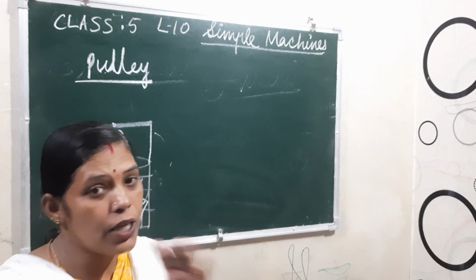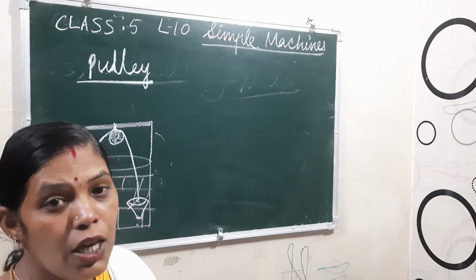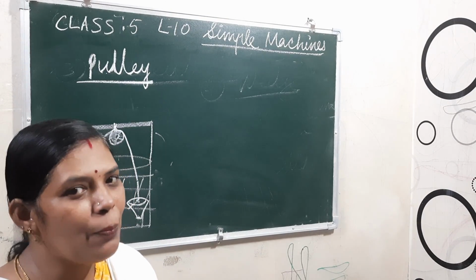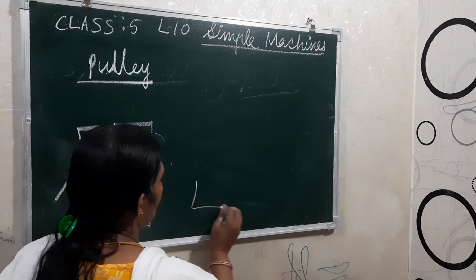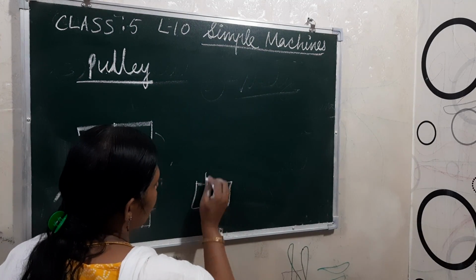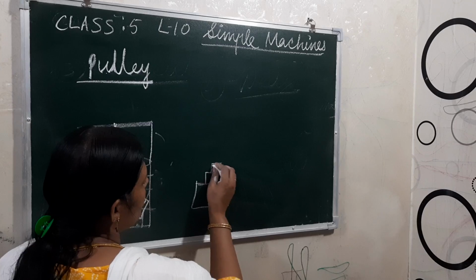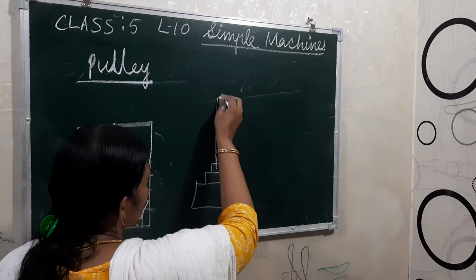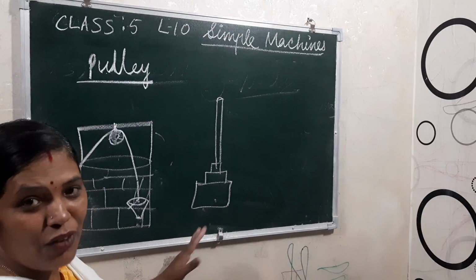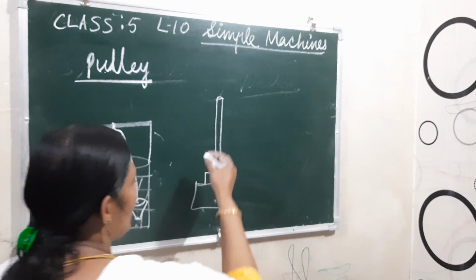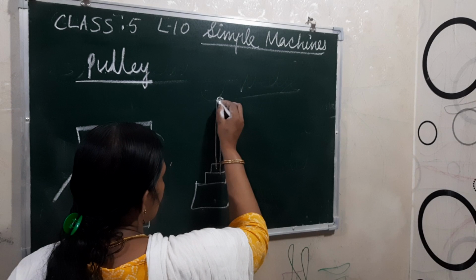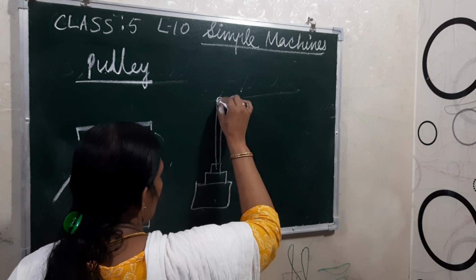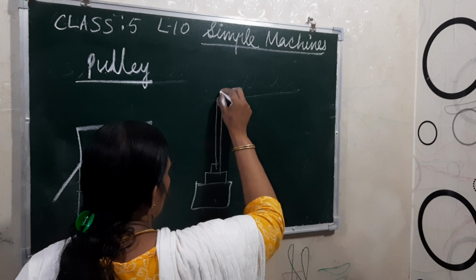Not only that, in our school also you may have seen this when there is Independence Day or Republic Day. Our principal used to hoist the flag, right? So this is the flag pole, and from here you can see a small groove, and a small pulley is fixed there.